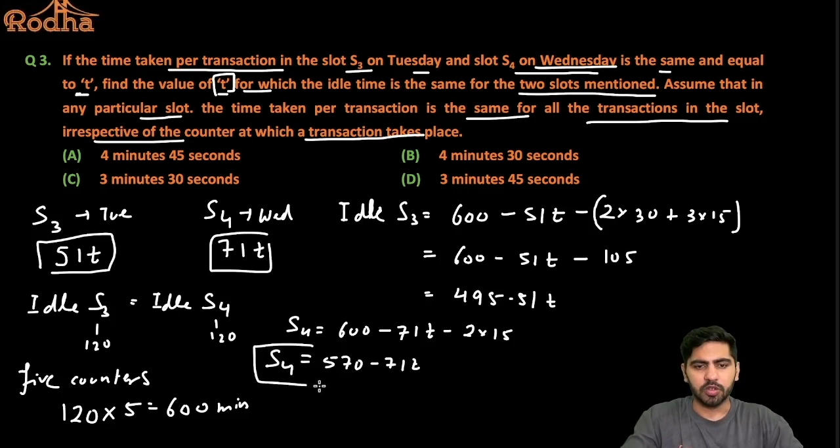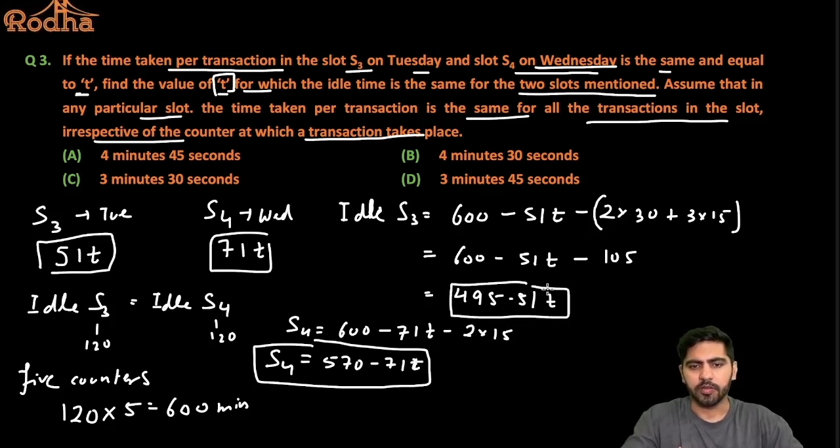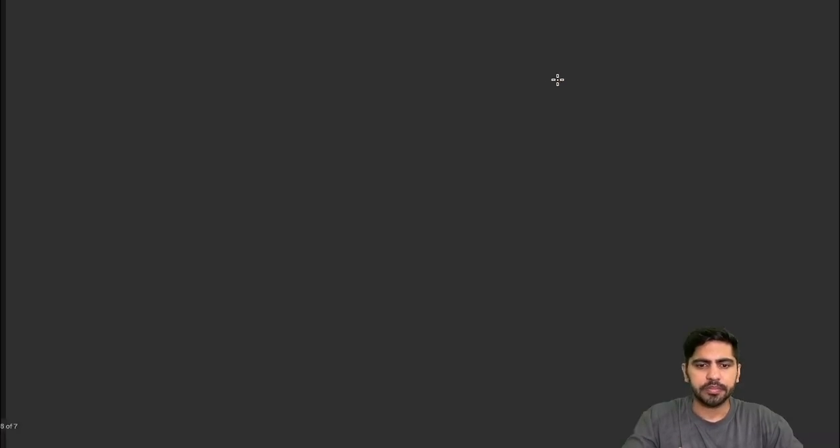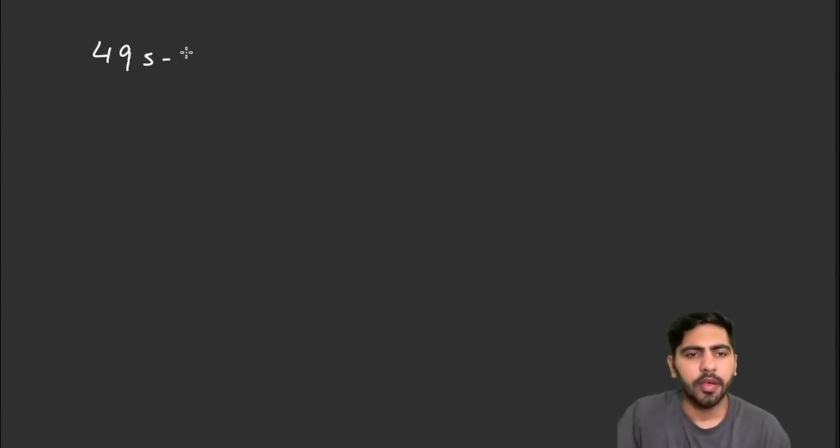And as per the question, the idle time for slot 4 should be equal to the idle time for slot 3, so both of these should definitely be equal. I'll take a fresh page now. So 495 minus 51t is equal to 570 minus 71t.